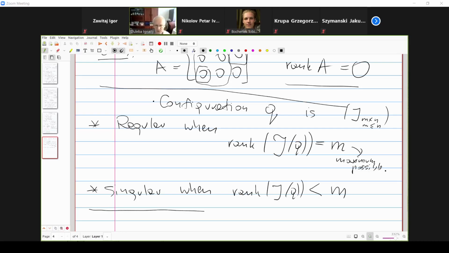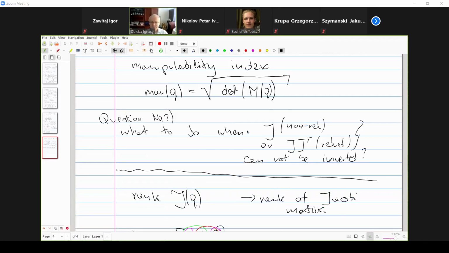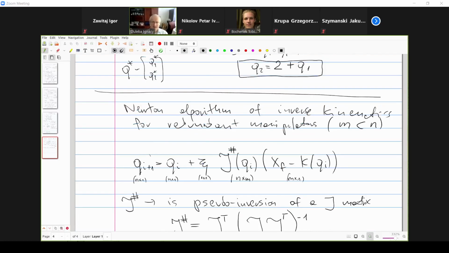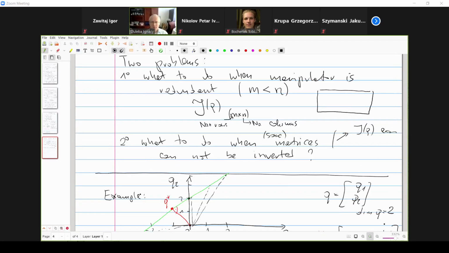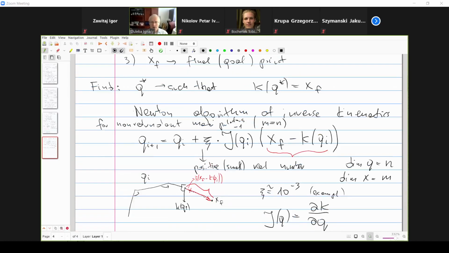Introducing the two terms, using this language, we can once again go back to our Newton algorithm. For example, we can say that this algorithm will be completed without any problems when we cannot encounter such configuration Qi which is singular, okay?